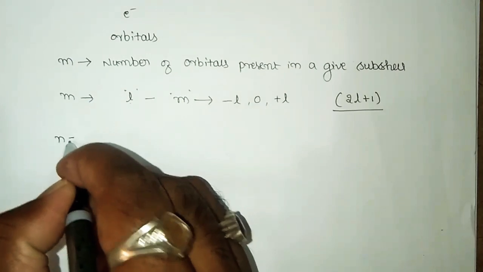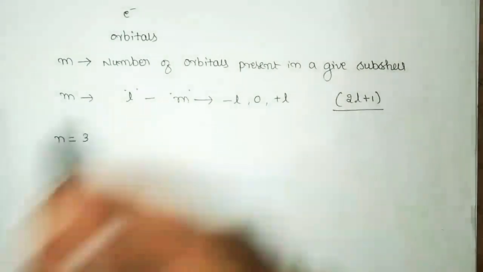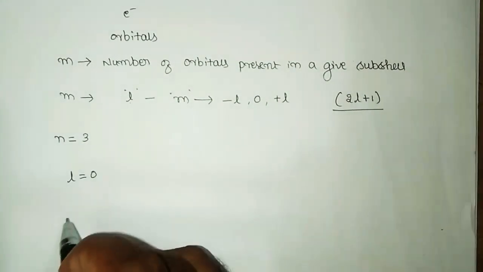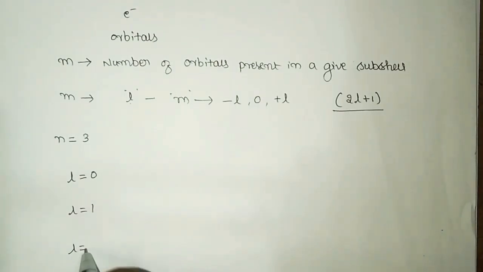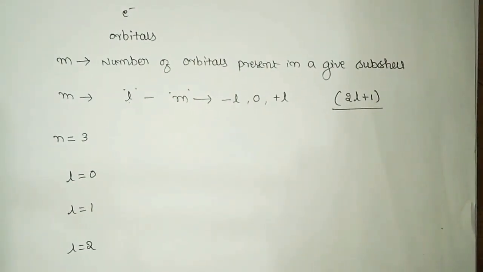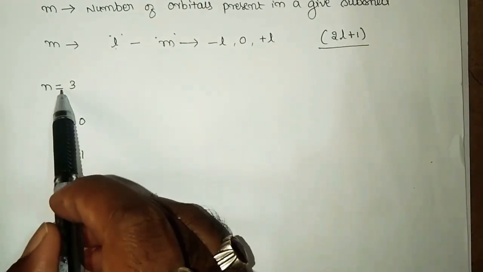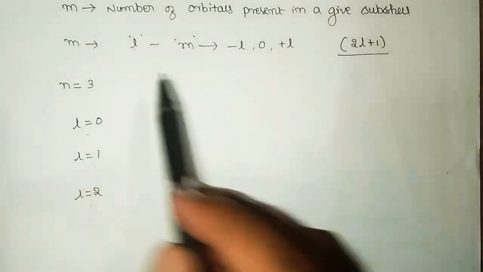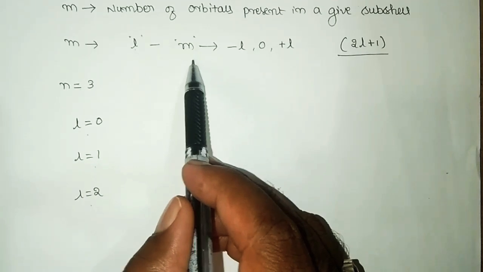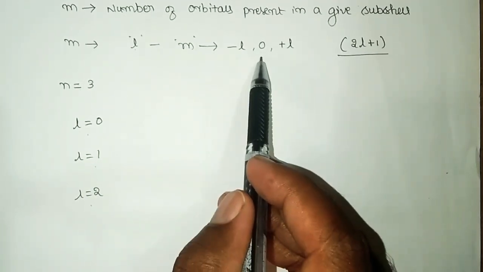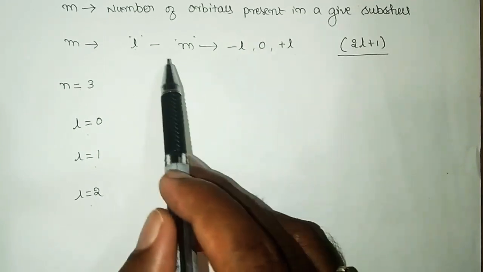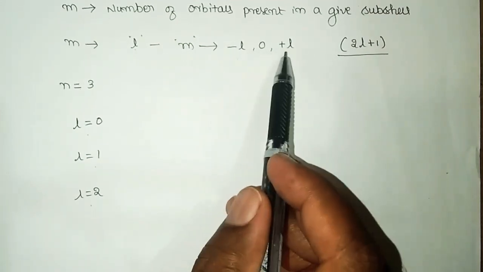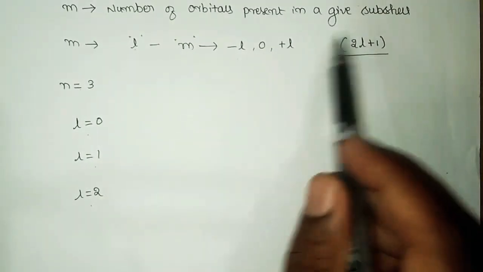If the value of n is equal to 3, l can take the values 0, 1 and 2. Now we said for a particular value of l, m can take the values starting from -l through 0 up to +l, a total of 2l + 1.